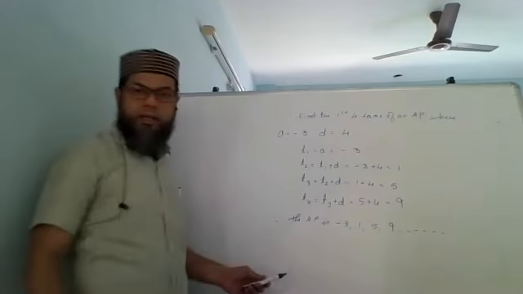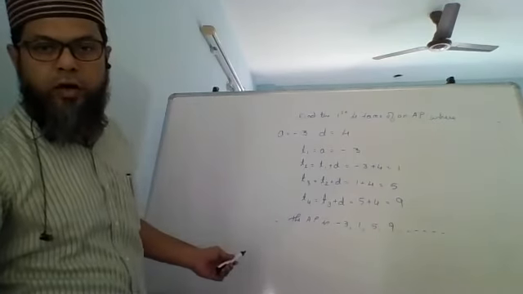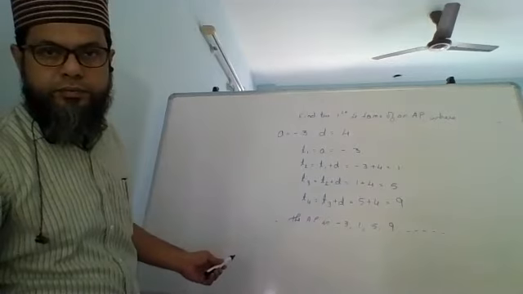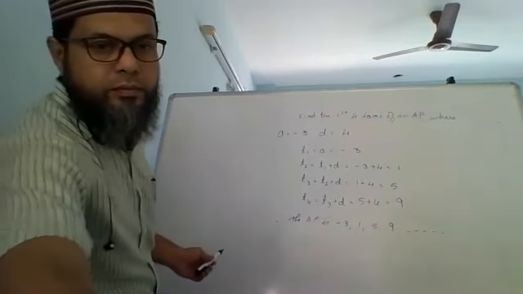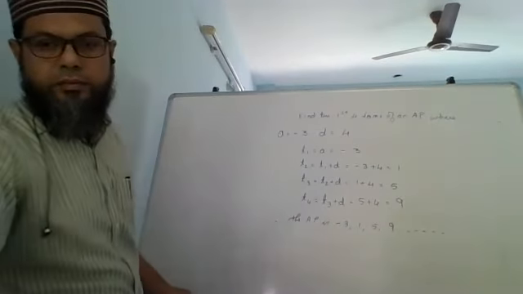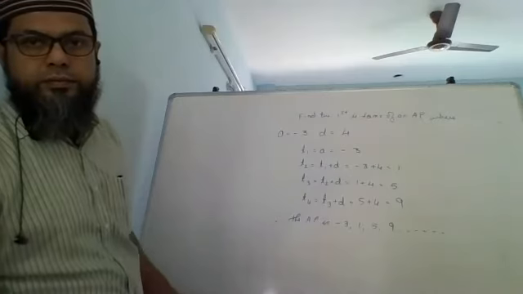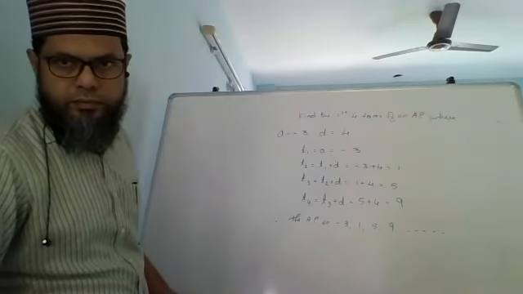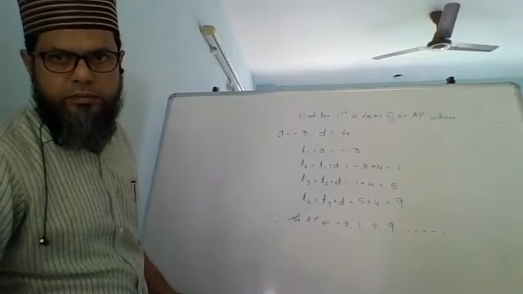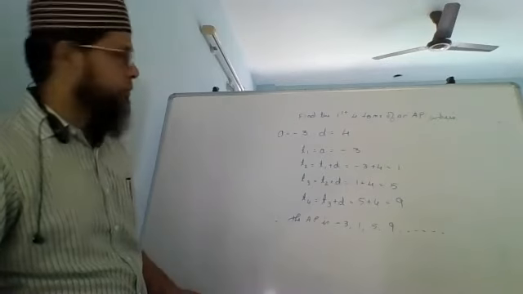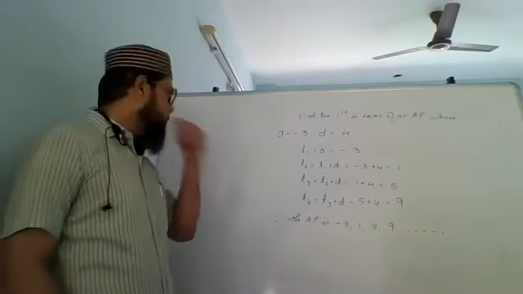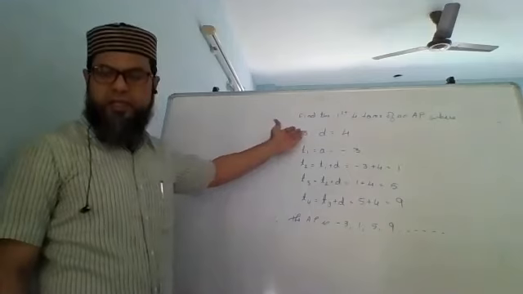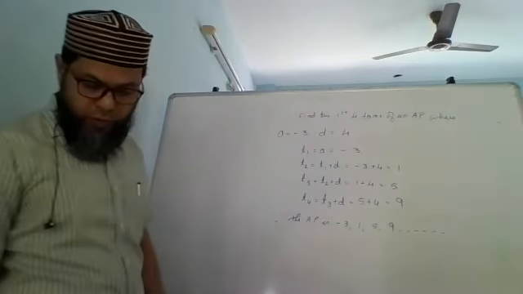Not at all complicated. So if A is given, D is given, this is how you're going to go about it.